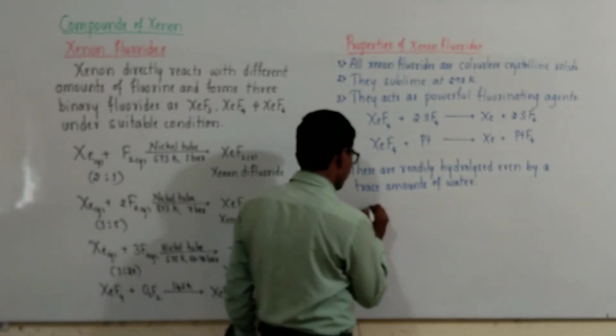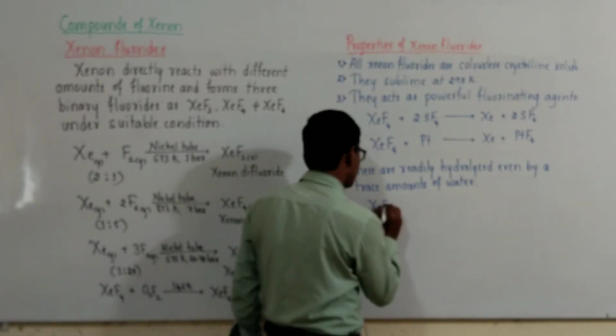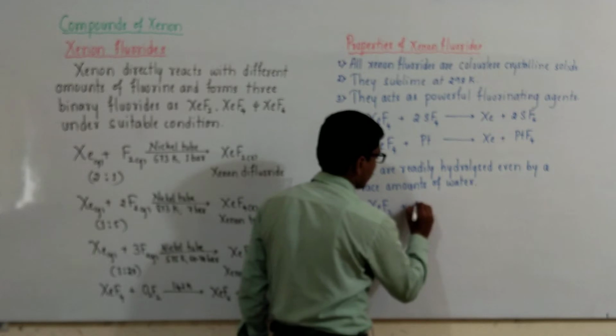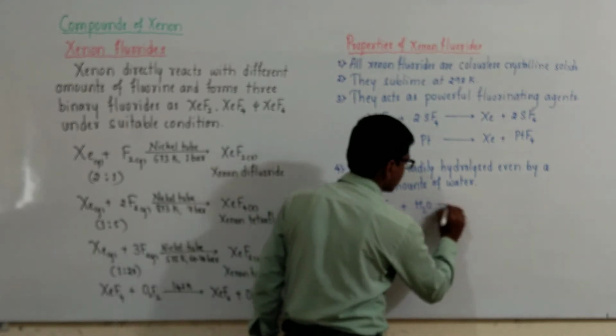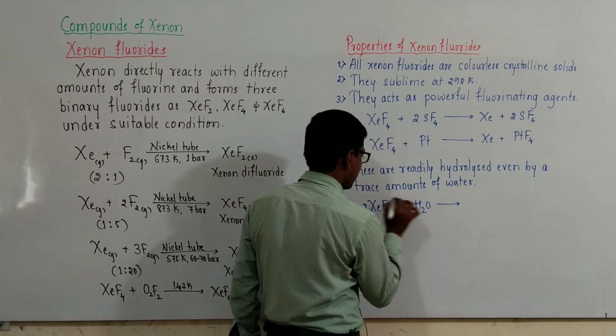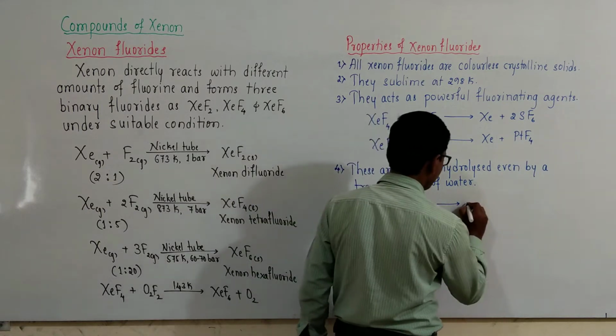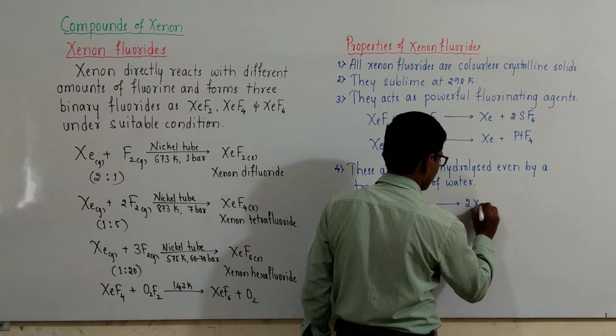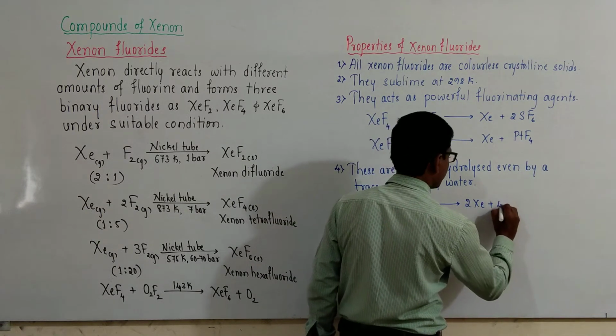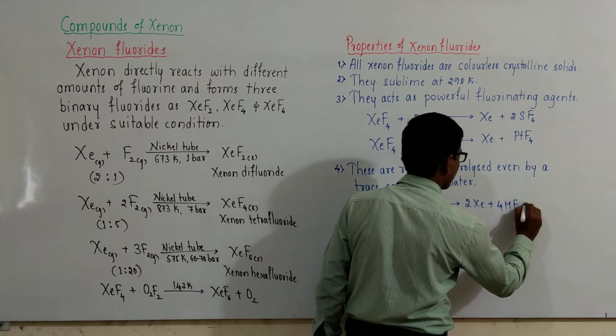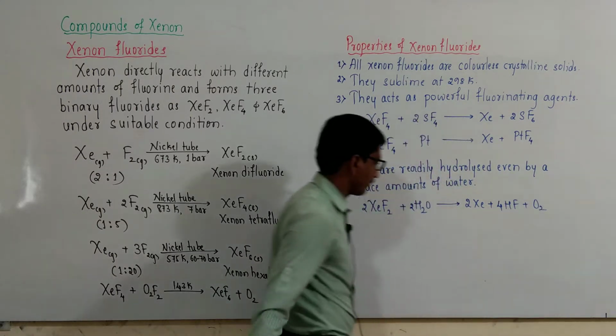For example, XeF2 on hydrolysis gives Xe plus 4HF plus O2.